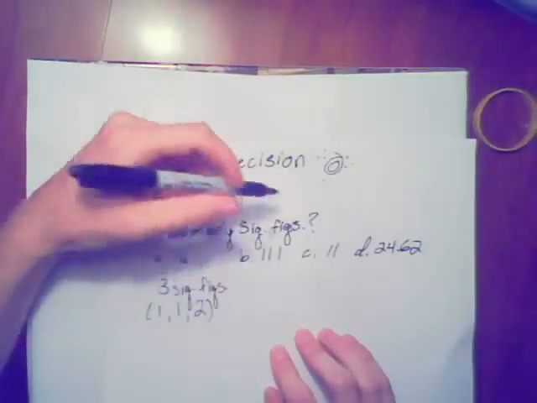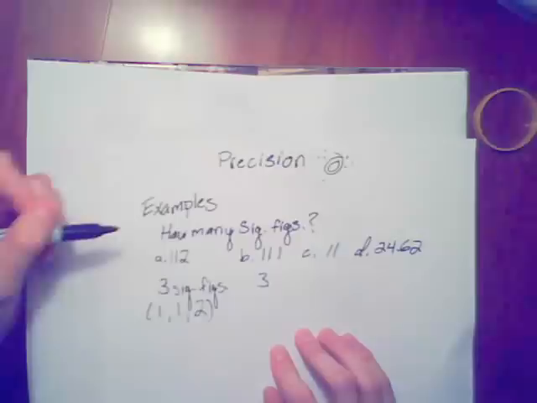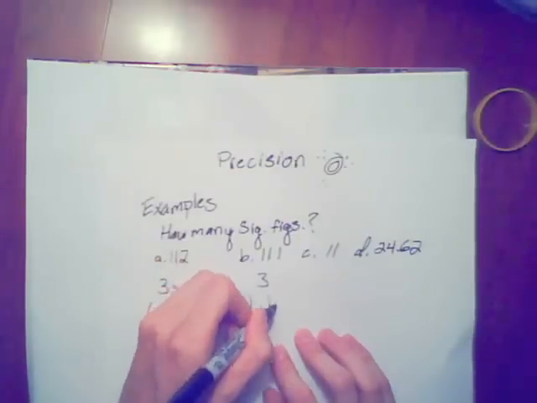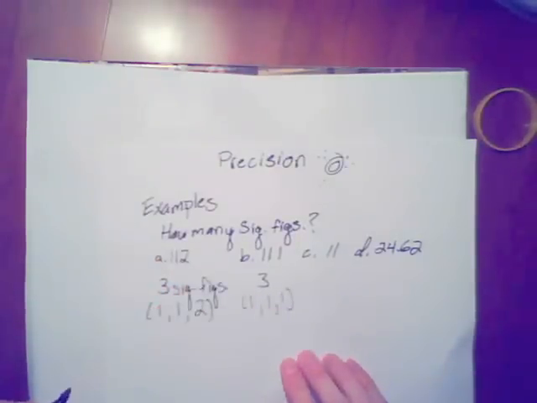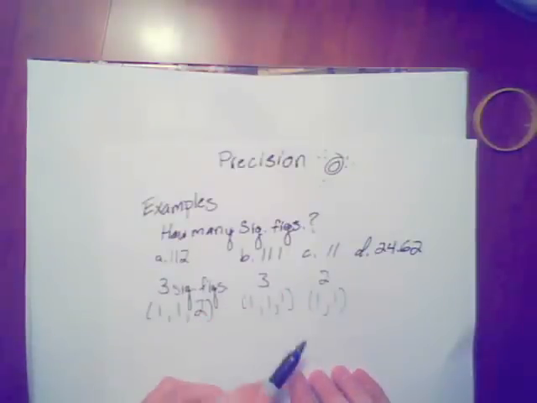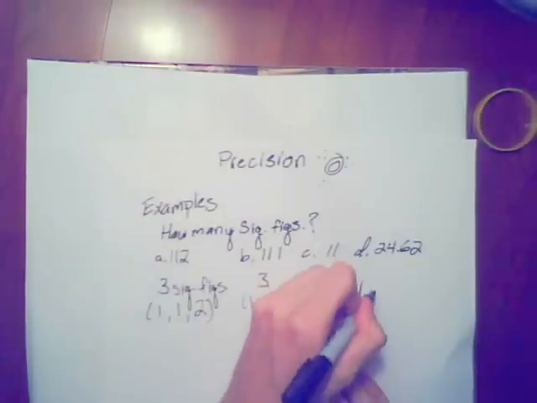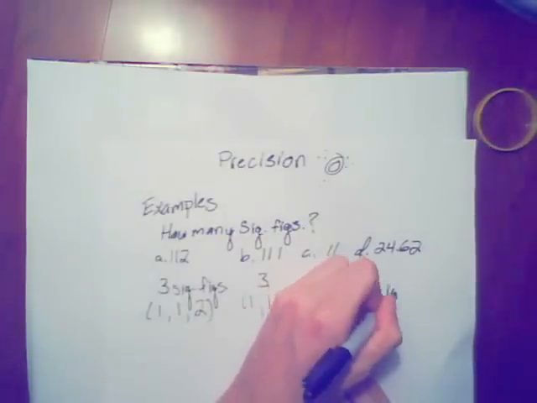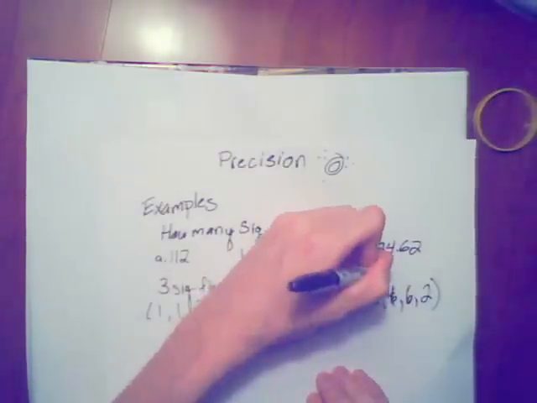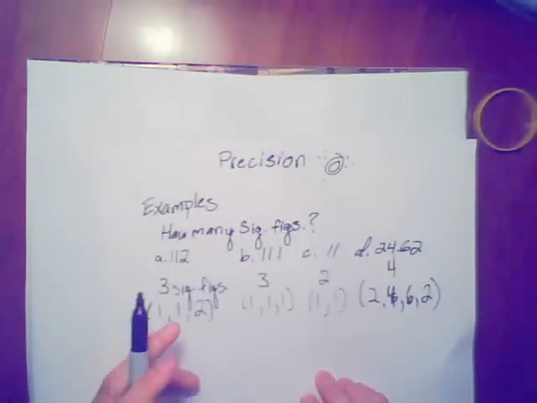And then for the next one, same type of thing, you'll see 3 of them, and those will be the numbers 1, 1, 1. So you guys get the idea. This one, 11, has 2, just the 1 and 1. And then in part D, the number is still unaffected by the decimal point. They're all non-zeros. So the numbers 2, 4, 6, and 2 are all significant, so it has 4 significant figures.